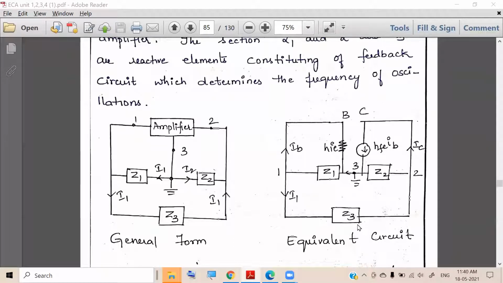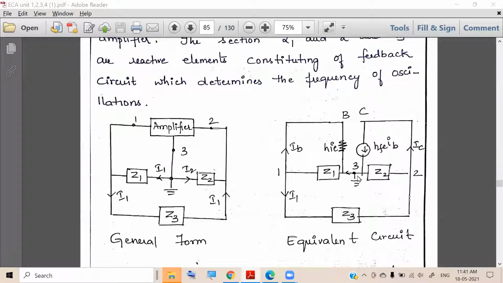Now here we are labeling the current through Z1 as I1, and the current through Z2 as I2. I1 flows here, and here we have the base terminal.